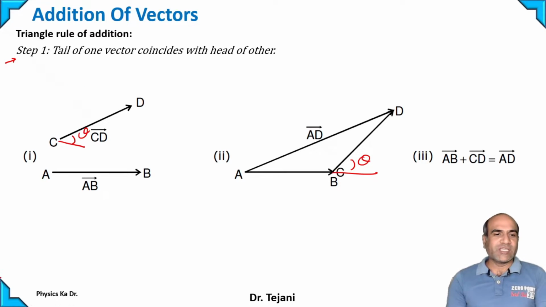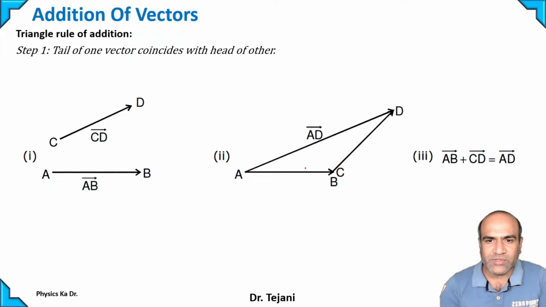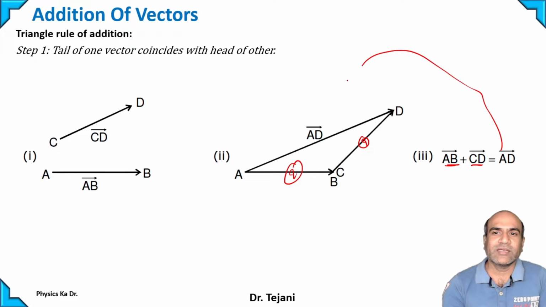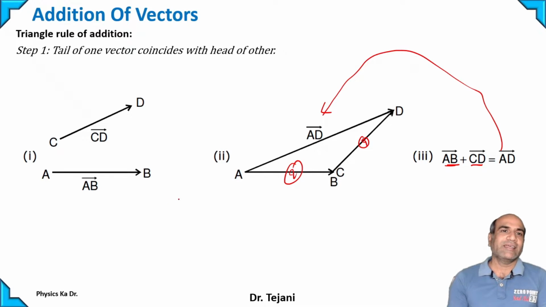You cannot change the angle, right? Do not change the angle of this. So ultimately what it gives? This vector AB plus this vector CD is equal to the resultant AD.